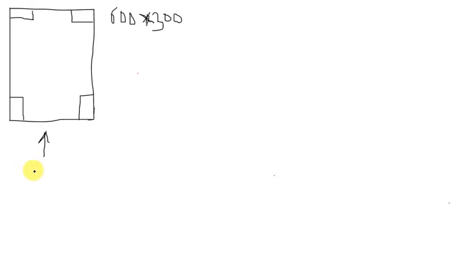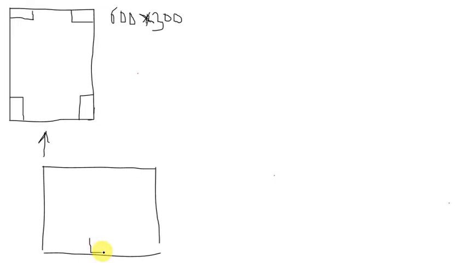If the wind load is acting in this direction, then we'll have the building something like this. This is the longer dimension of the building, this is the length. If you look at this building from the direction of the wind load, then this is the longer dimension, because this one is the shorter dimension where wind is acting from.